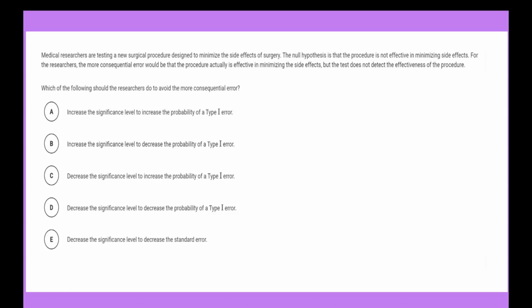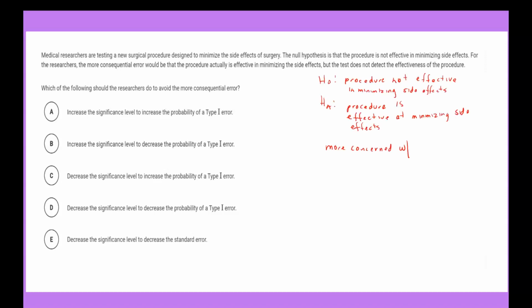The null hypothesis is stating that the procedure is not effective in minimizing side effects, so the alternative is that the procedure is effective. For the researchers, the more consequential error would be that the procedure is actually effective in minimizing the side effects, but the test does not detect the effectiveness of the procedure.